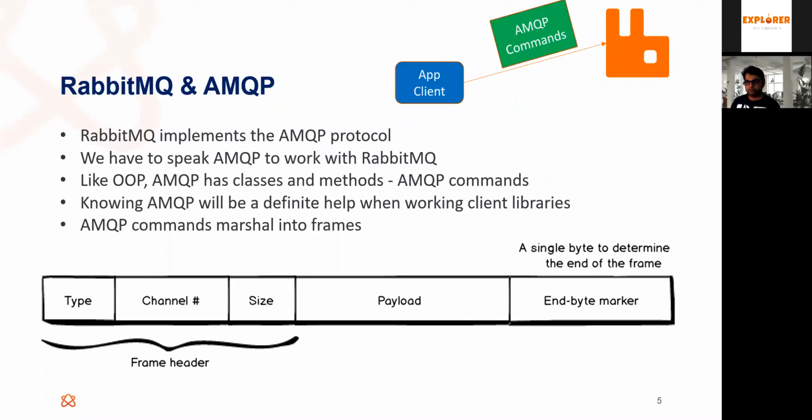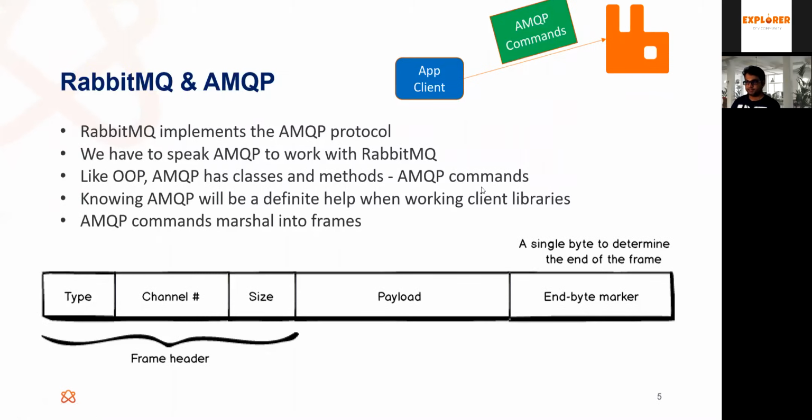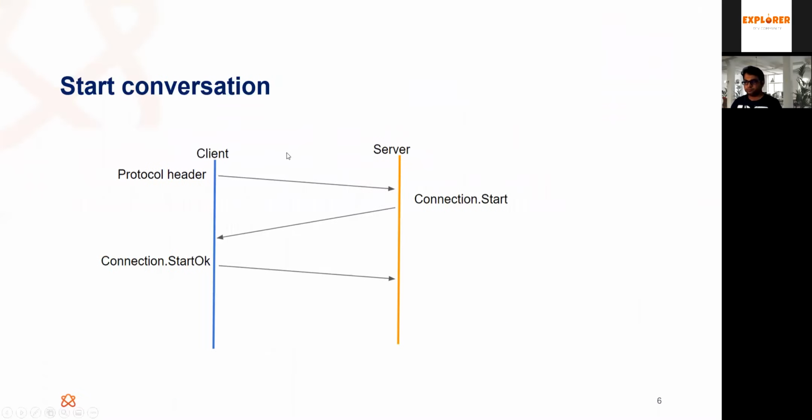To give you some idea, I will show you a small diagram of how the communication goes between a client and RabbitMQ, the server. Here's a diagram of how messages could flow.